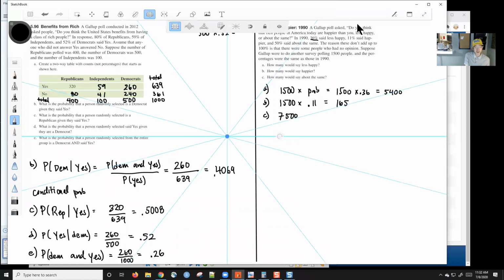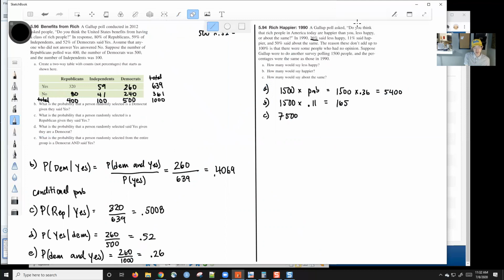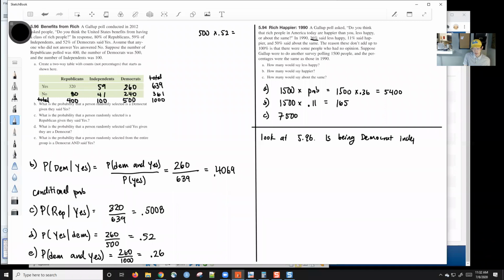Well, I think our answer is very obvious here, so we'll look at, say, 5.96, and then the question is, I don't know, Democrat independent of answering yes?